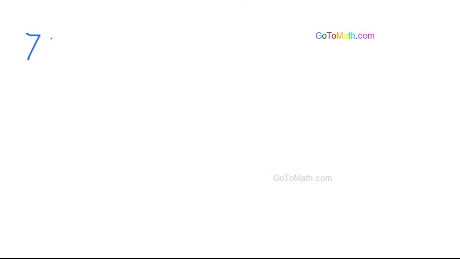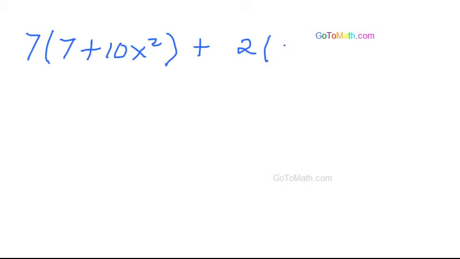Okay, so we have 7 times parentheses 7 plus 10x squared, plus 2 times 10 minus 2x squared.